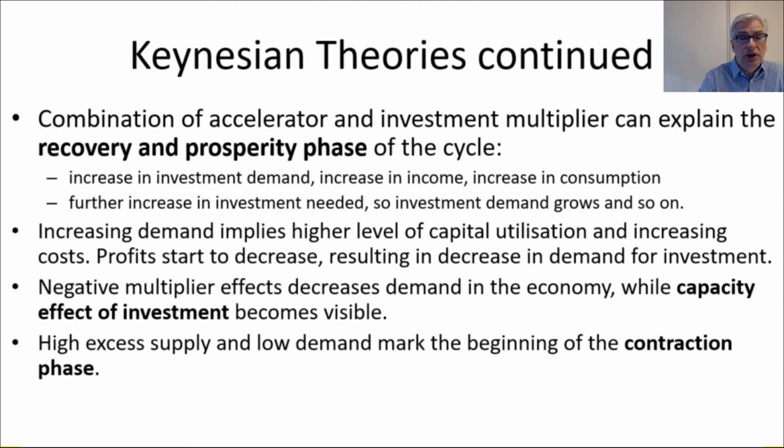So this combination of accelerator and investment can explain the recovery and prosperity phase of the cycle. Because when we see an increase in investment demand, we will see a multiplier effect, we will see an increase in income, and higher income increases consumption.